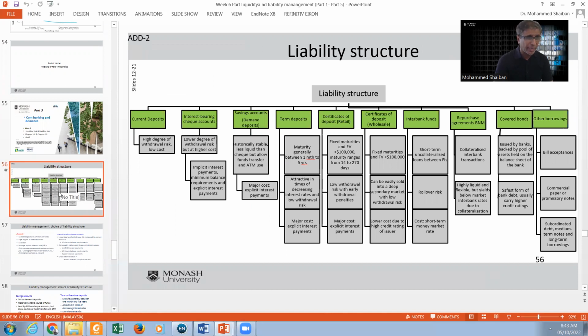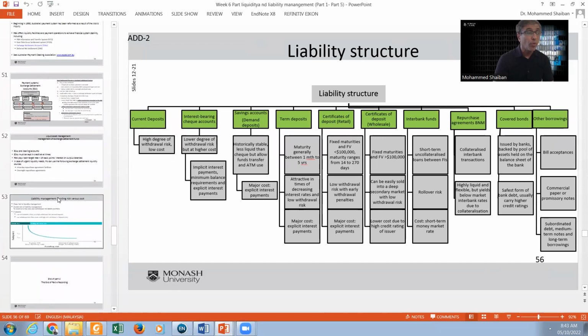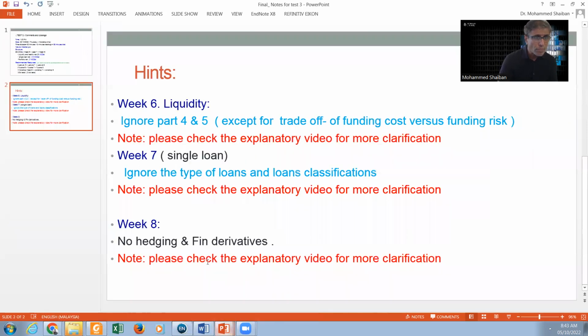Now, this liquidity risk is actually 5 parts. Ignore both part 4 and 5, except for the trade-off of funding costs.